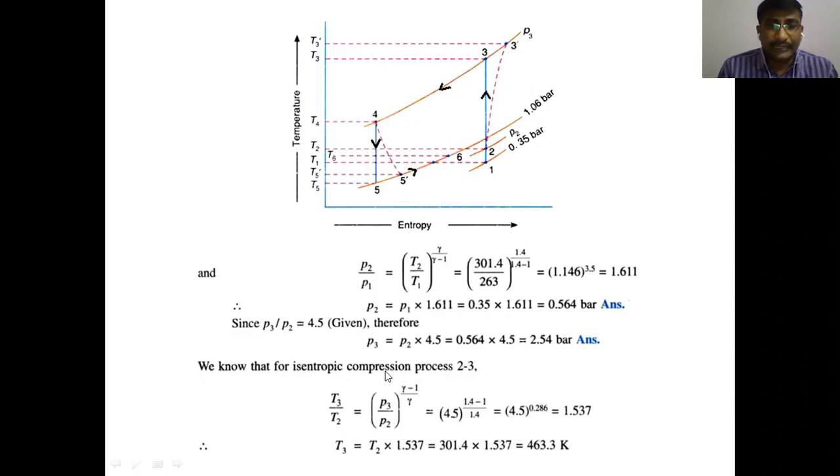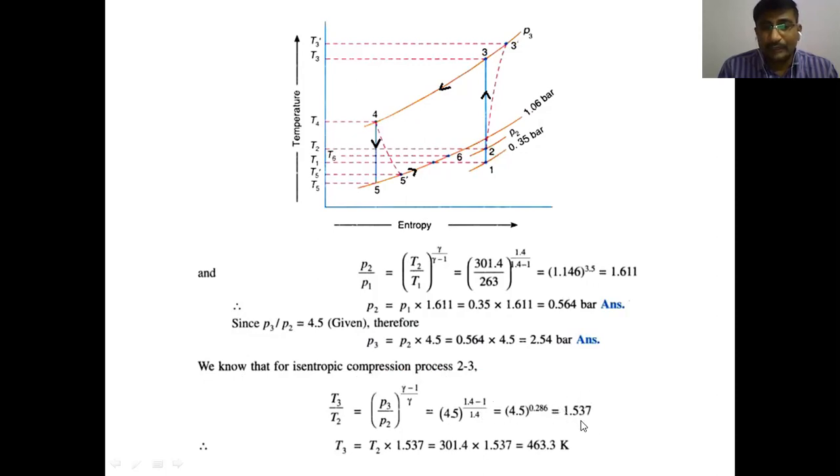We know that for the isentropic compression process from 2 to 3, we can apply the adiabatic rule: T3 by T2 equal to P3 by P2 whole power gamma minus 1 by gamma. From this, T3 equal to, P3 by P2 is given as 4.5, the pressure ratio across the compressor, whole power 1.4 minus 1 by 1.4.